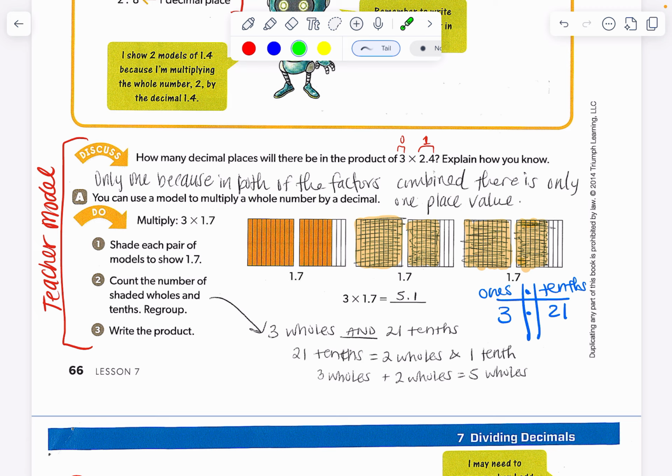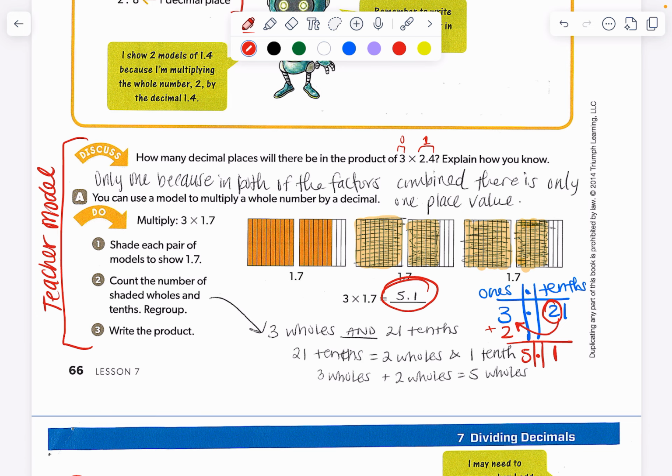Because we cannot have that, we need to regroup these 20 tenths as 2 ones. So what we really have, because 3 plus 2 is 5, is 5 and 1/10, which is written like that, okay?